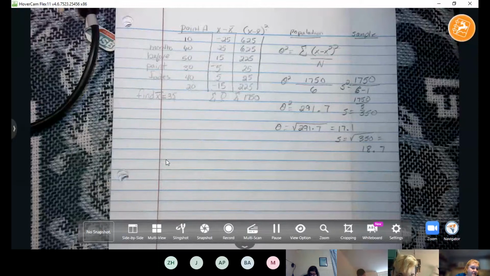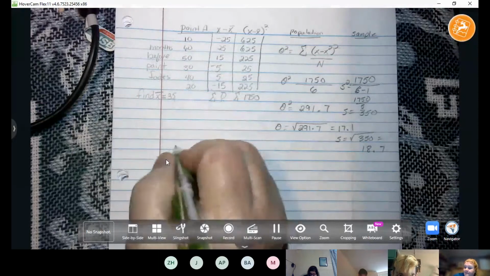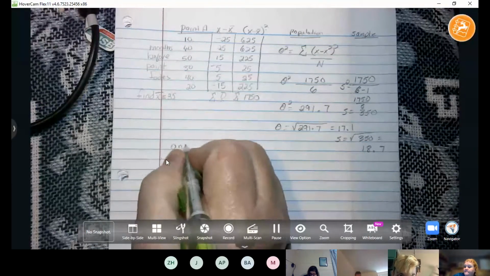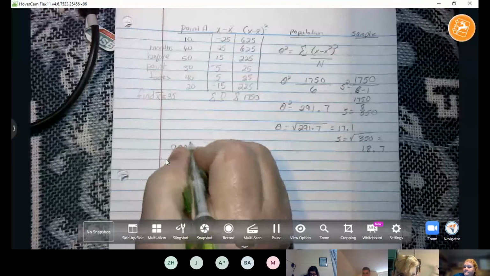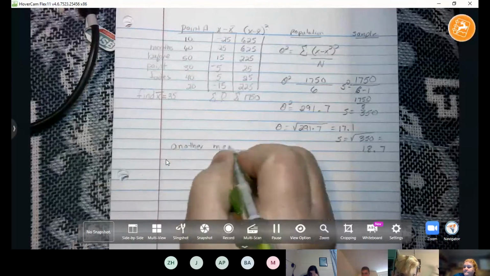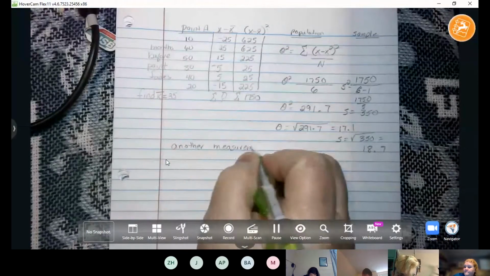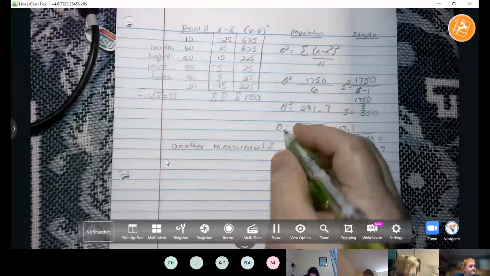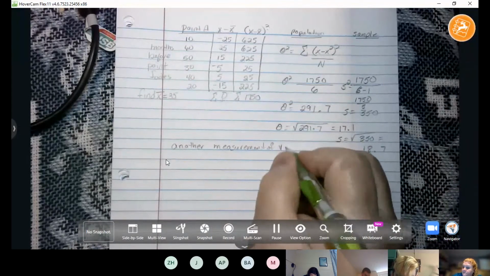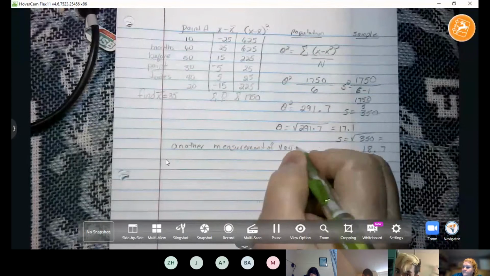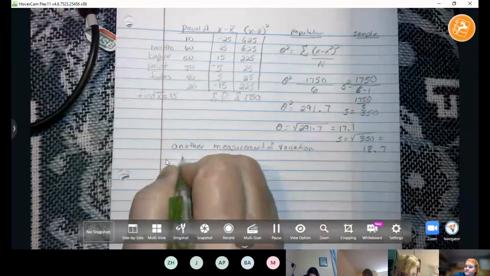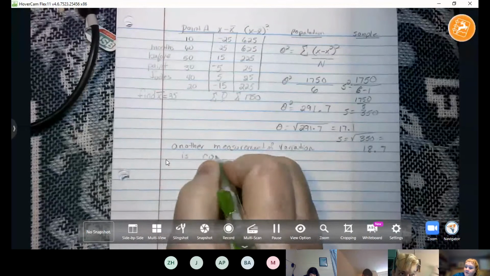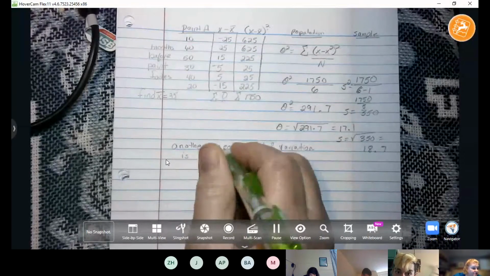Now, another measurement of variation is something called the coefficient of variation.